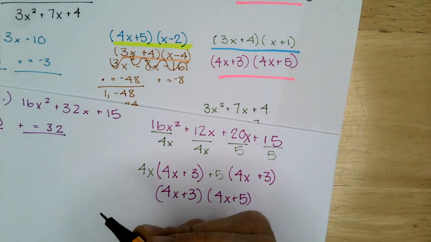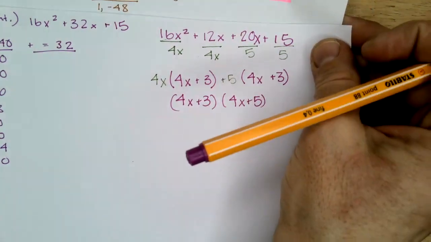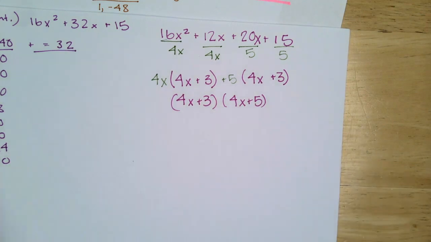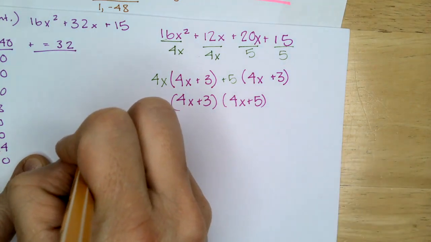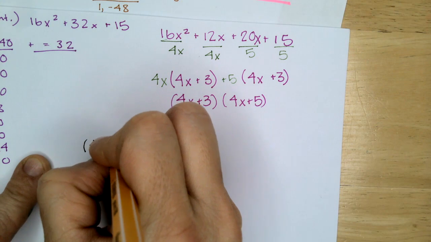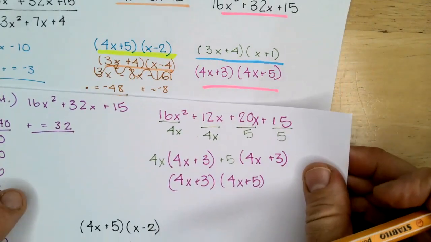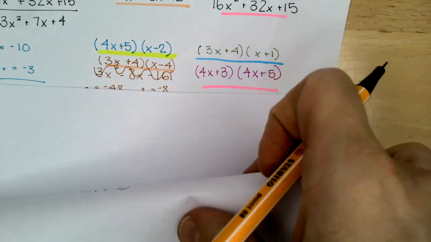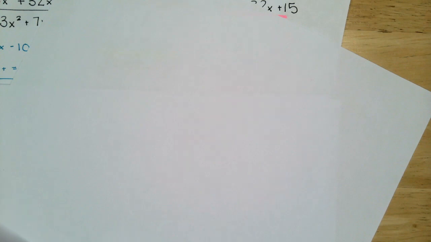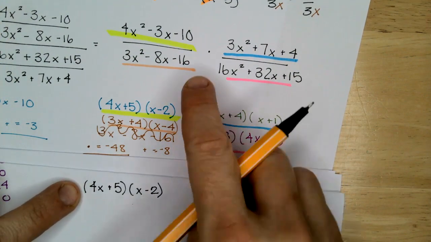That means we've got, never enough space is what we've got. 4x squared minus 3x minus 10 became 4x plus 5 times x minus 2. So that's that one.